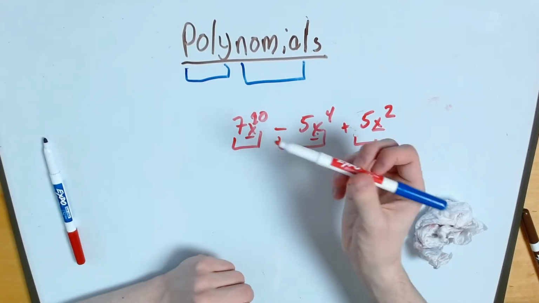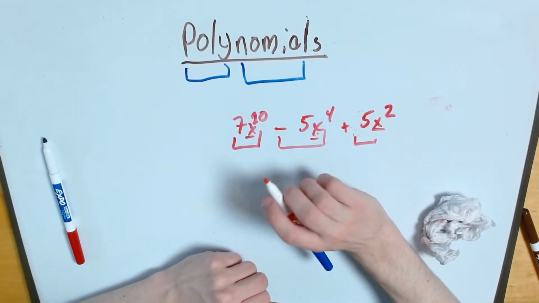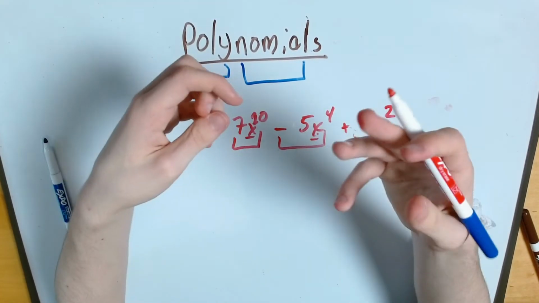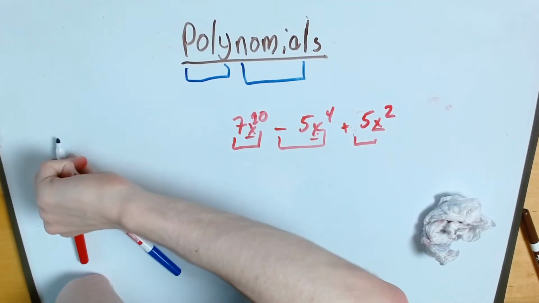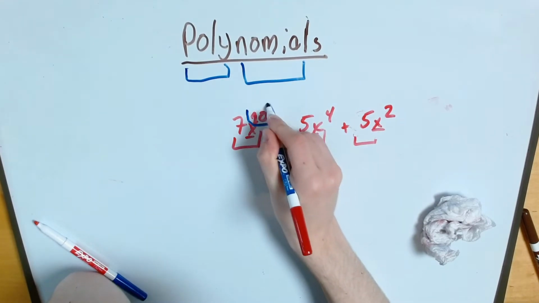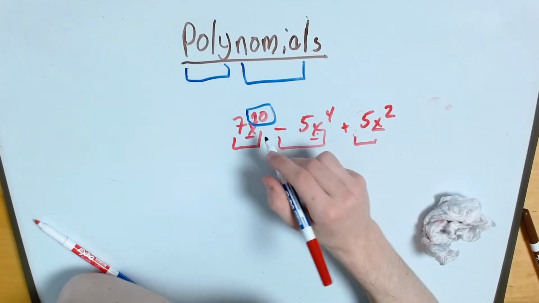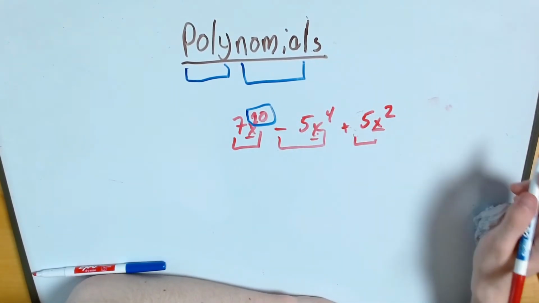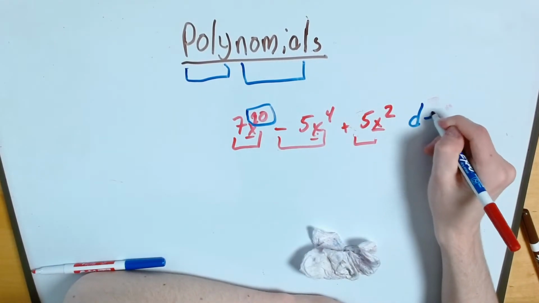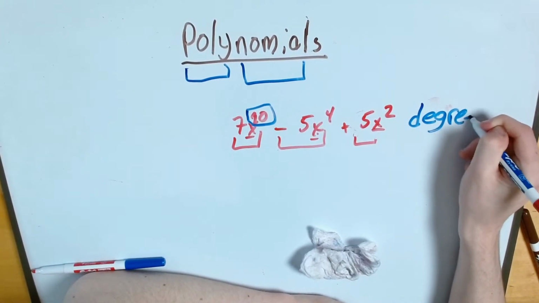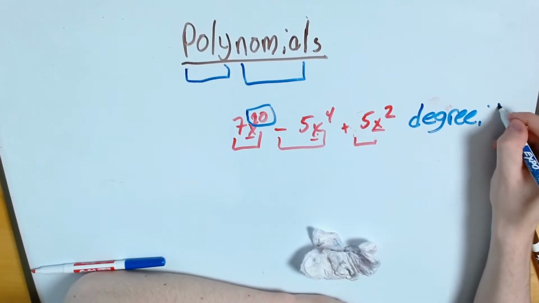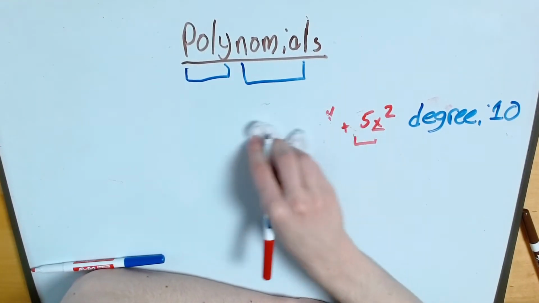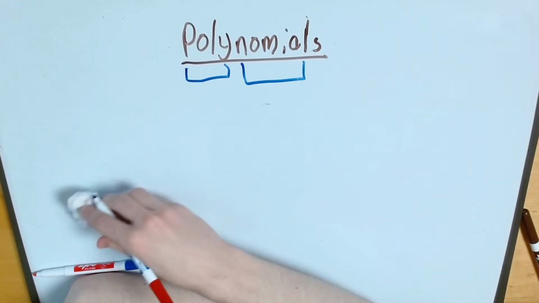All right, so in this case, the maximum x exponent, the highest value that x is raised to the power of, is 10. And here we raise x to the 10, and 10 is greater than 4 or 2, so our degree is just 10. And of course, with different problems, you have different degrees.